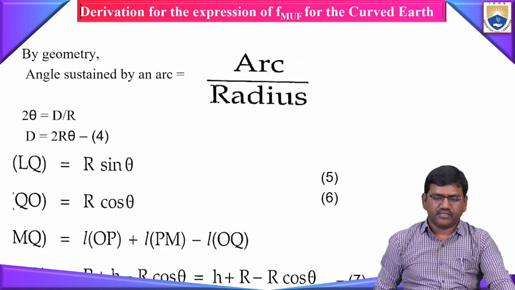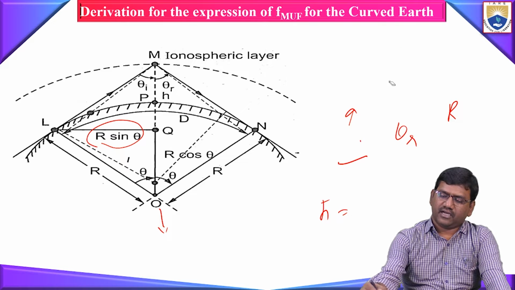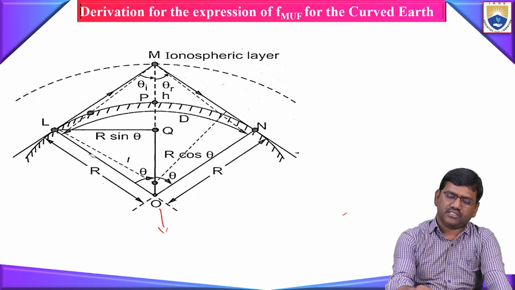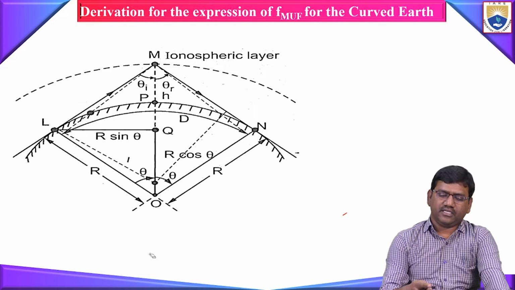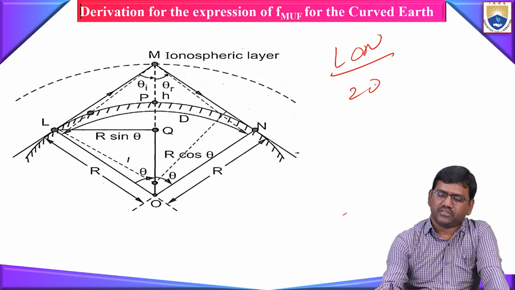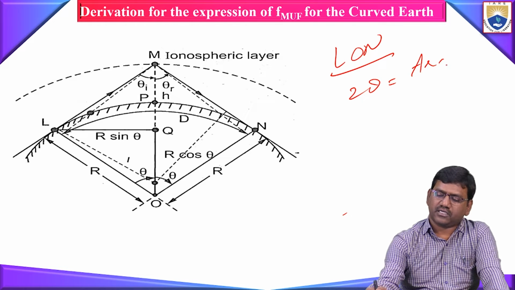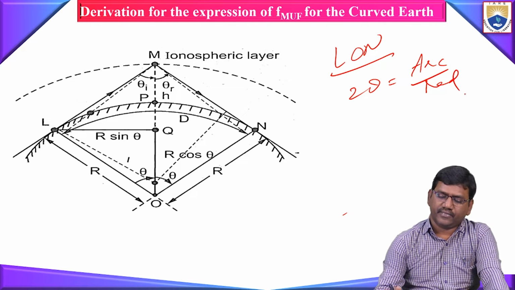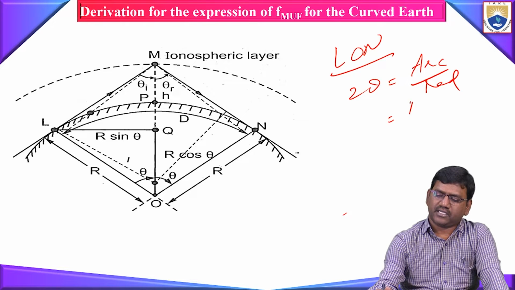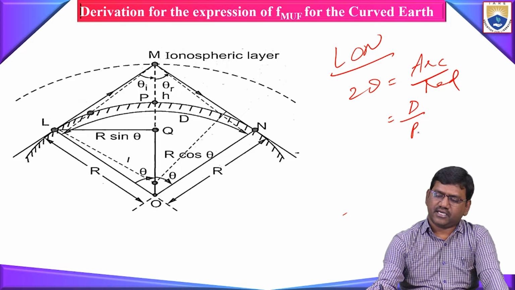Now let us start our derivation. We know that the angle is arc by radius. From this LON, the total angle is 2 theta. So 2 theta is equal to arc by radius. What is the arc here? Its value is d as per the figure, and the radius is r.